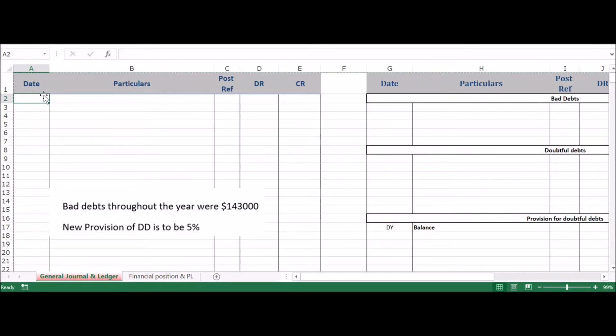So the first step that I'm going to follow is to write off the bad debts. I'm going to put DY for during the year, because I don't know when that actually happened, and write it here in the problem.